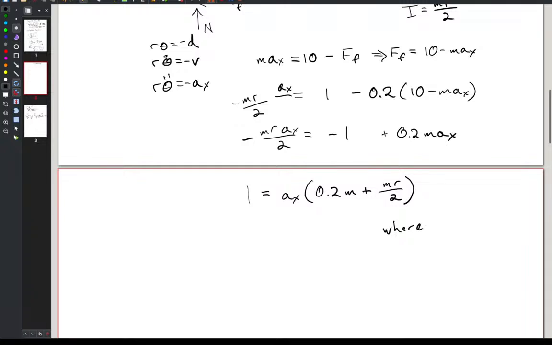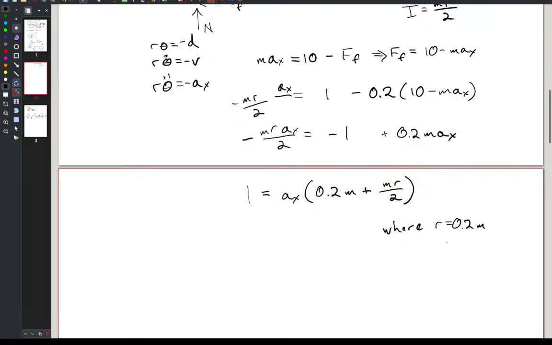Sometimes it's the radius of gyration. Maybe it's something else, like mr squared. Radius of gyration is a way of finding a number to represent an object, but here we can call it R. What happens to the R and AX over R?